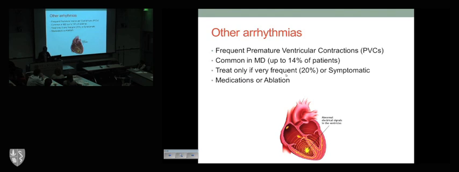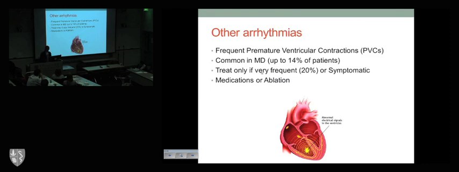So atrial fibrillation is the most common sustained arrhythmia that a lot of folks with DM have. Now, there are even more folks, however, who have just single extra heartbeats. The rate of what we call ventricular premature beats, or PVCs, is as high as about 14% in patients with DM.